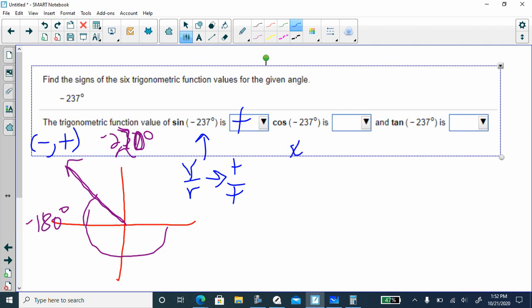Cosine is x over r, so in the second quadrant, x is negative, the radius is positive, so cosine would be negative. Tangent is y over x, so y is positive, x is negative, so tangent would be negative. So x, y, and r let us know if we're going to be positive or negative in each quadrant.